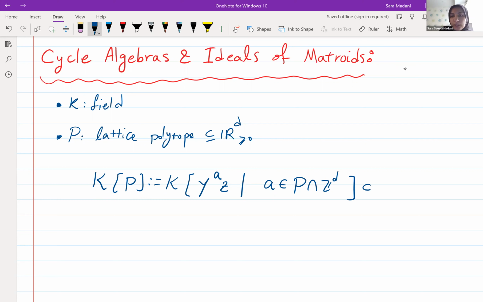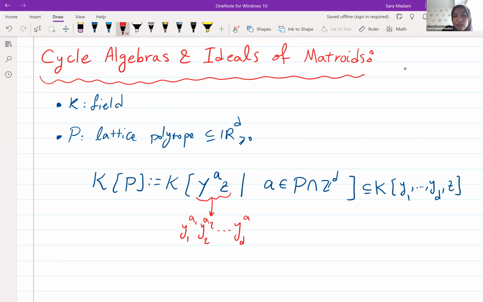Okay, and this algebra is inside the polynomial ring K[y1, ..., yd, z], and by y^a I mean a monomial. Very likely you know that we can write monomials in this short way, but more precisely, this is just y1^a1 y2^a2 and so on, yd^ad, and z. And this a is in Z^d, so it is (a1, ..., ad).